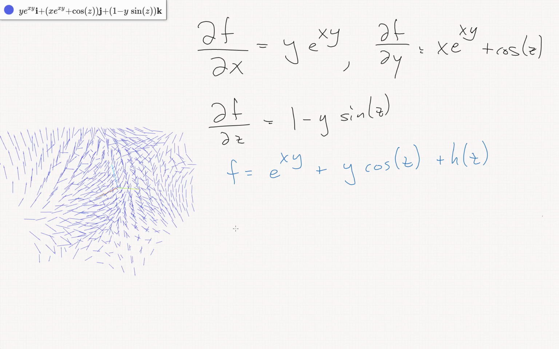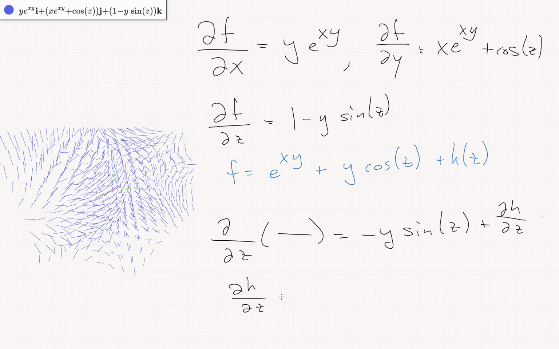So the final step is del by del z of this, which is negative y sine z plus del h by del z. So we get that del h by del z is equal to 1, and so h is equal to z.